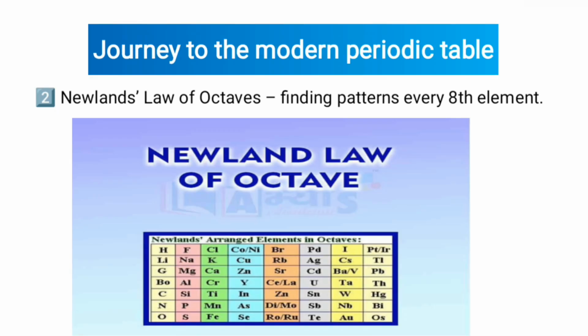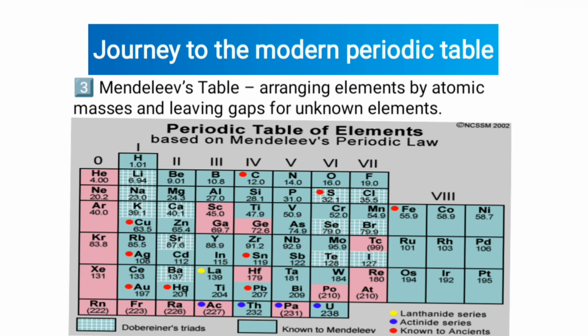Now, the second one is Newlands' law of octaves. It's finding patterns in every eighth element. Now, the third one is Mendeleev's table.